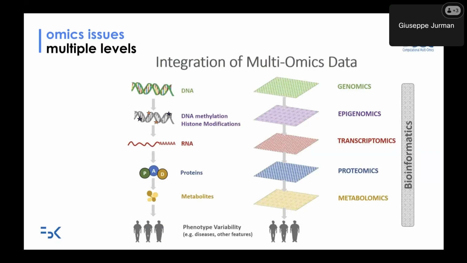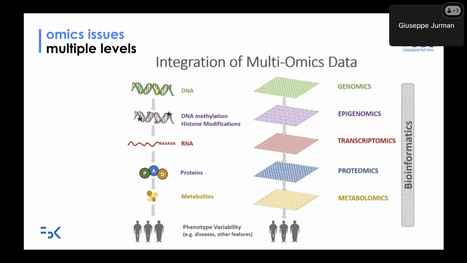Finally, the third issue that concerns omics data is the use of multi-level omics. As you well know, starting from DNA or RNA, you may construct and sequence very different levels of omics data, from methylation, proteomics, metabolite, epigenomics, and so on.